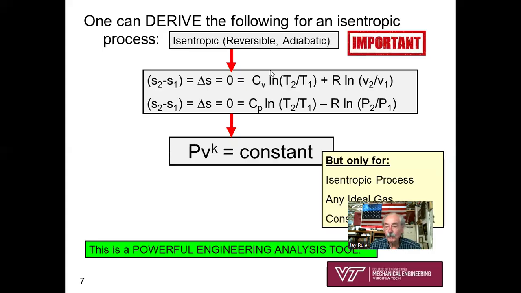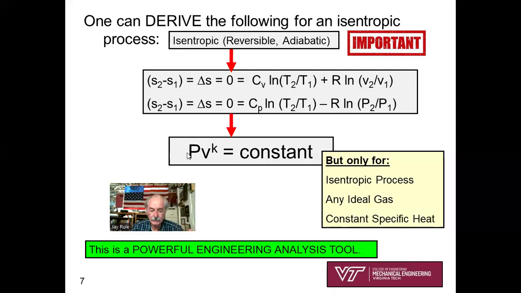Your textbook derives this, and I've marked it as important, but I'm not going to go through the derivation on video, from the set of integrated TdS equations for ideal gas with constant specific heat all the way to the result. I am going to give you the result and recommend that you go to your book to review this derivation.